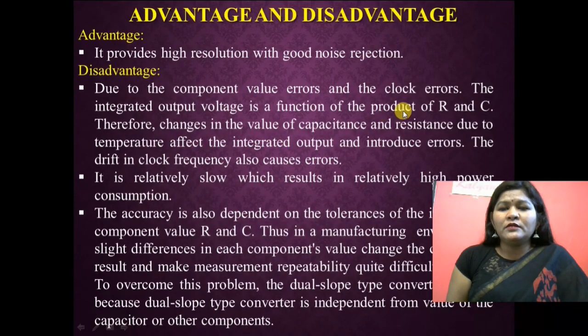The integrated output voltage is a function of the product of R and C. Therefore, changes in the value of capacitance and resistance due to temperature affect the integrated output and introduce errors. The drift in clock frequency also causes errors.